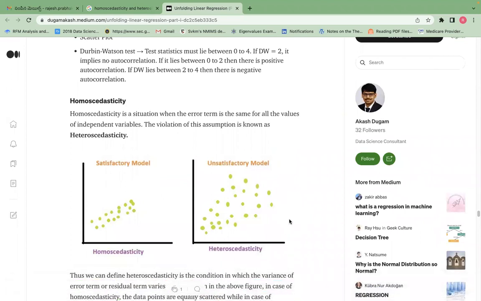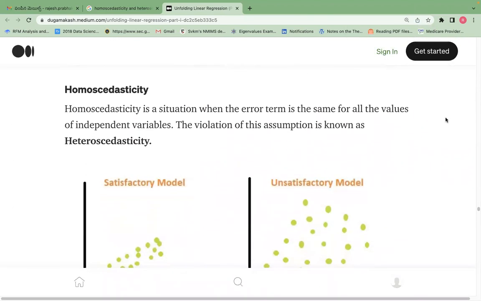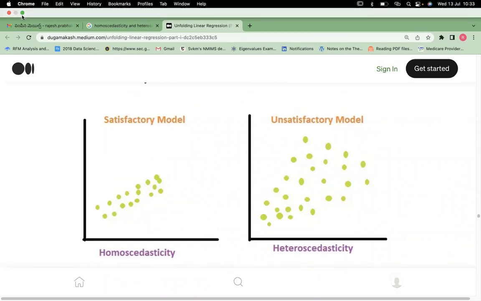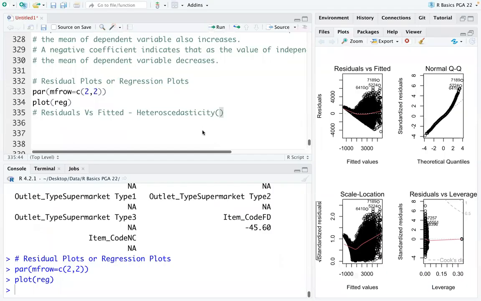What do you see in our model? Do you see this pattern or this pattern in our model? We see this pattern, right? Flower bouquet pattern. So heteroscedasticity. In narrow range, parallel between two lines is homoscedasticity. So this is heteroscedasticity. How can it be homoscedasticity? Which is not good.